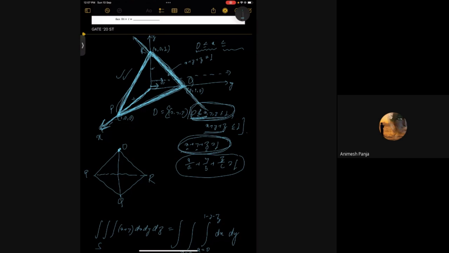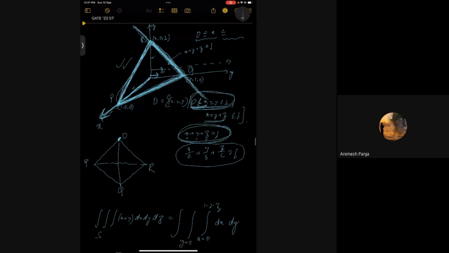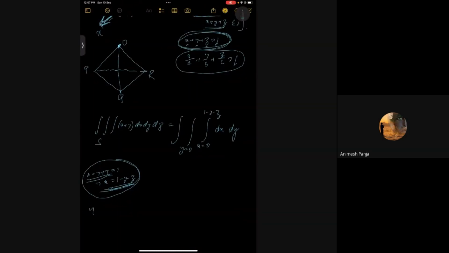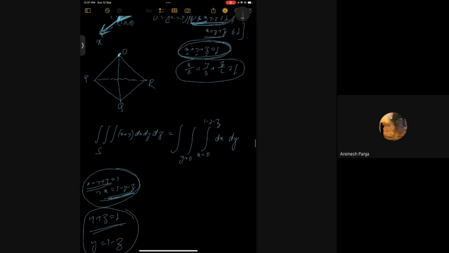Now, what is the equation of that line? This line has intercepts 1 on the y-axis and 1 on the z-axis, so it has equation y plus z equal to 1. So the upper limit of the value of y is 1 minus z. Is it clear? So y goes from 0 up to 1 minus z.